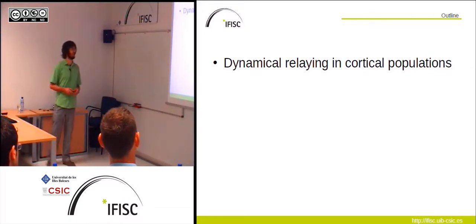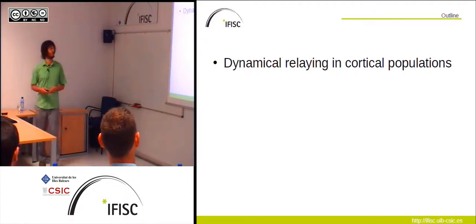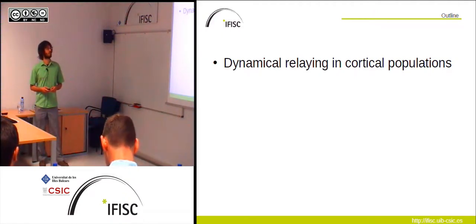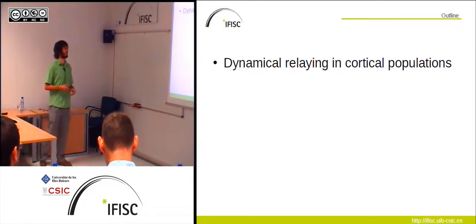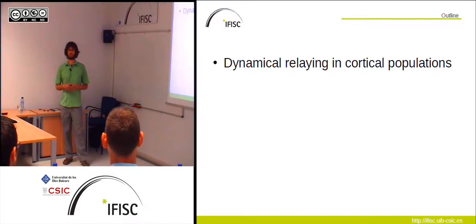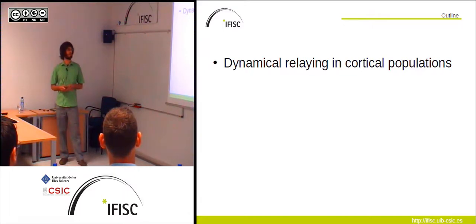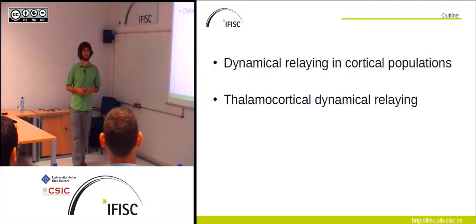The outline of the main results that we are going to explain now starts with the dynamical relay in cortical populations. It was already shown that motifs of neurons synchronize at zero lag, but we would like to extend this to cortical populations because that's an important scale in the brain.